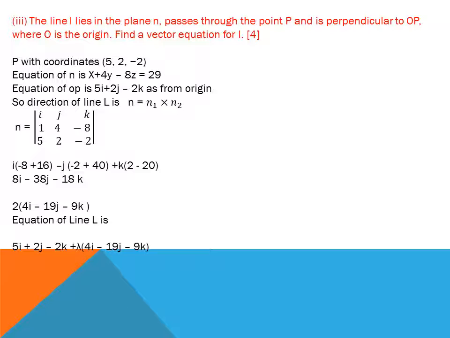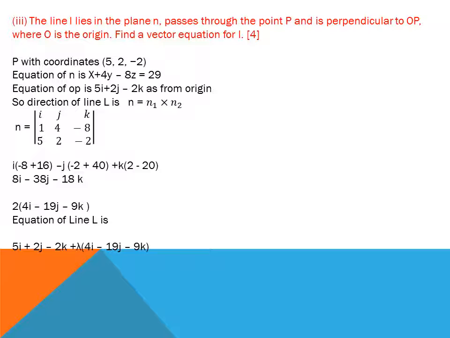Equation of N is x plus 4y minus 8z is equal to 29, which we have found in the previous part. Equation of OP is 5i plus 2j minus 2k, because it has only direction, because the line is starting from the origin to the point P. So its direction is 5, 2, minus 2.